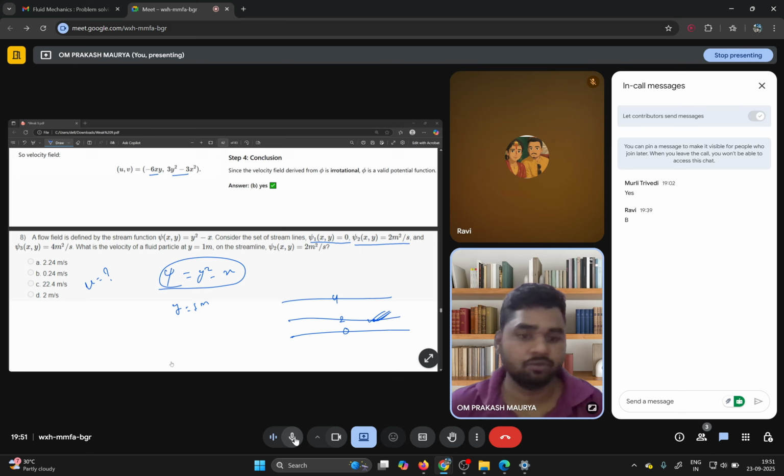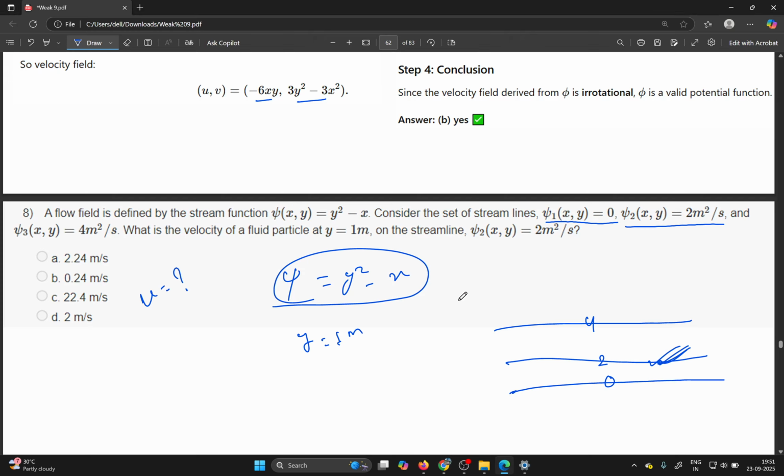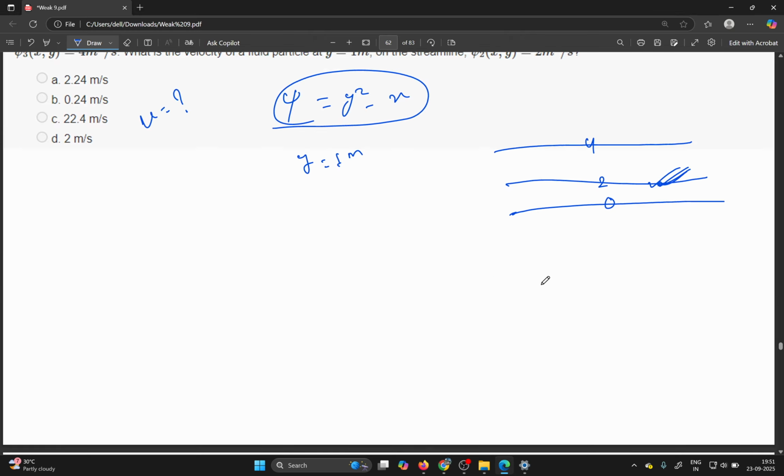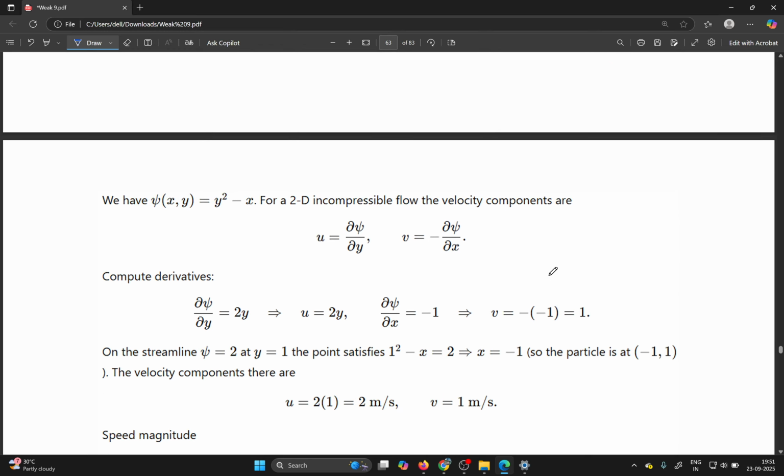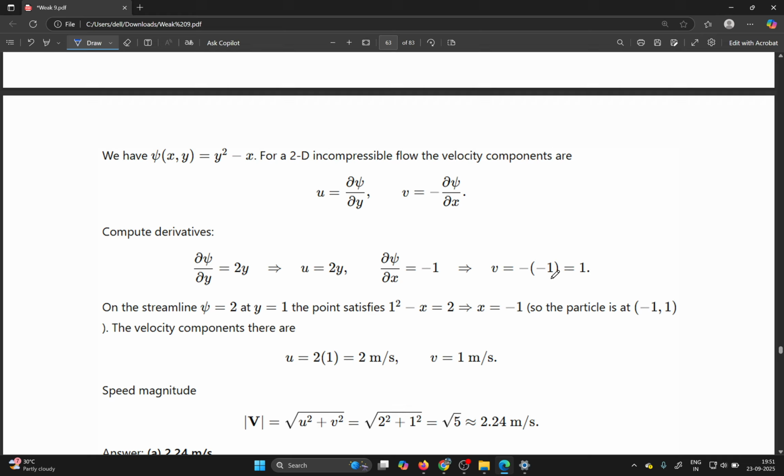So let me just show you the answer. As I have discussed already, you need to calculate your velocity on streamline 2. You have the equation psi equal to y square minus x. For 2D incompressible flow, you know the relations u equal to del psi by del y and v equal to minus del psi by del x.